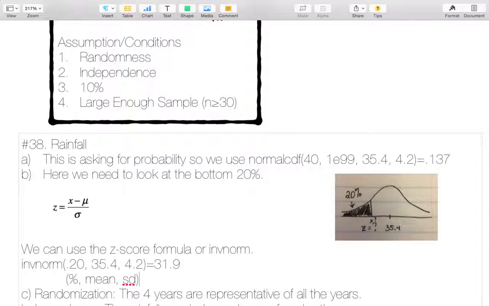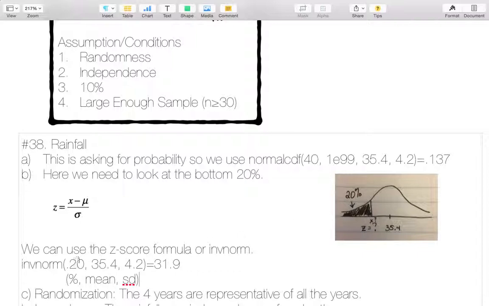Now notice the percentile. We've said this in the past, but the percentile you're looking for here has the bottom area, not the top area. So if I wanted to know the top 10%, then instead of typing in 0.10 for 10%, we would have to type in 90% because it's about the area to the left, never the area to the right.